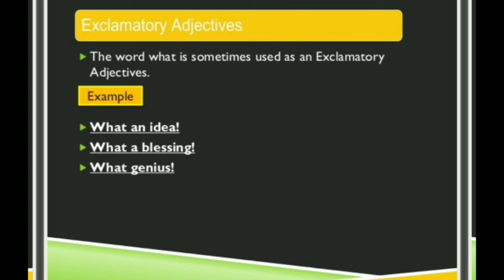For example, what an idea, a strong emotion of happiness. What a blessing, this is also an expression of happiness. And what genius, this is an expression of might be shock and happiness both.